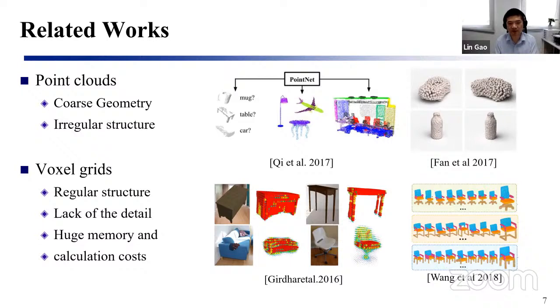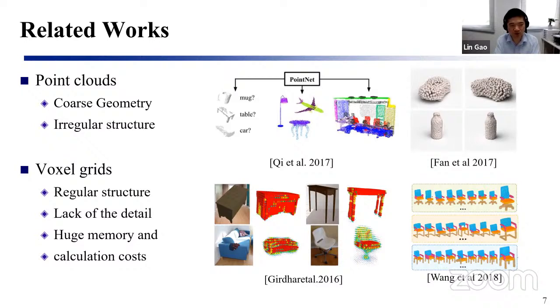And there is also something similar to images. For image representation, there are pixels, and for the 3D model, we could use voxels. The image is a 2D grid and the voxel is a 3D grid. So we could analyze and generate the 3D model with the voxel grid. This is a straightforward idea from 2D deep learning.